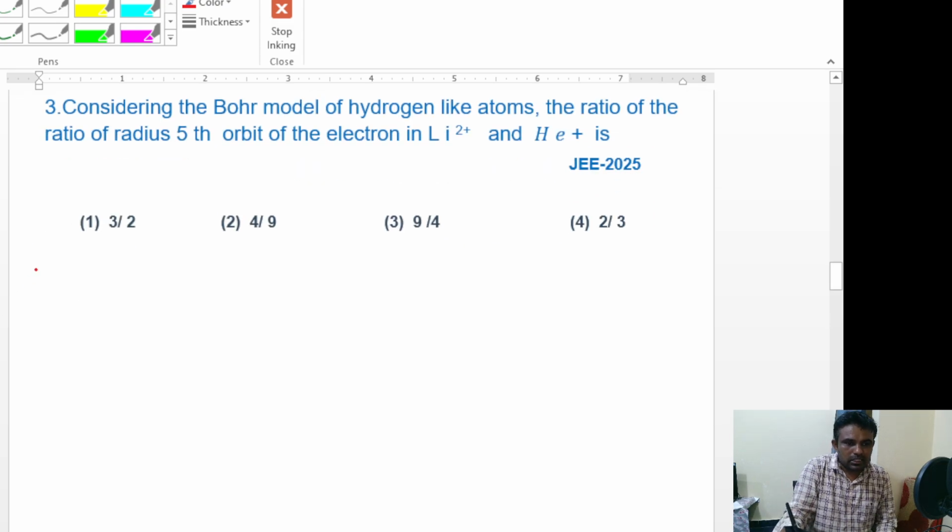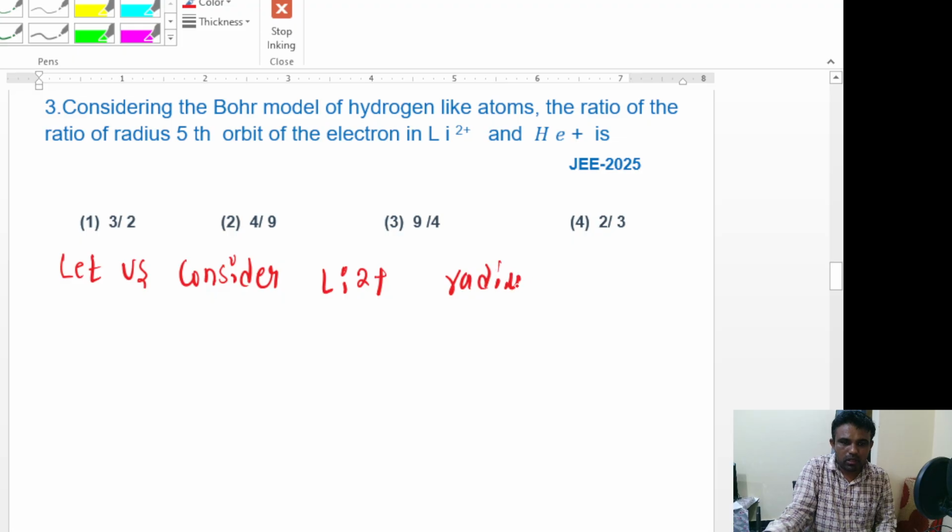Let us consider lithium 2 plus radius is R1 and helium plus radius is R2.